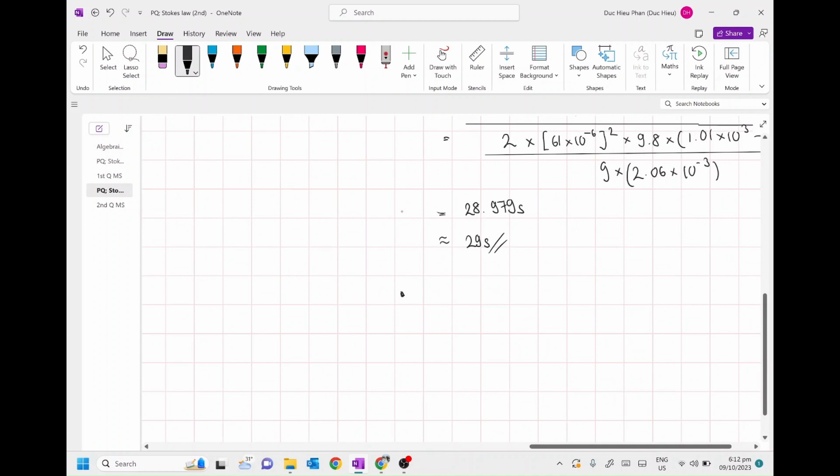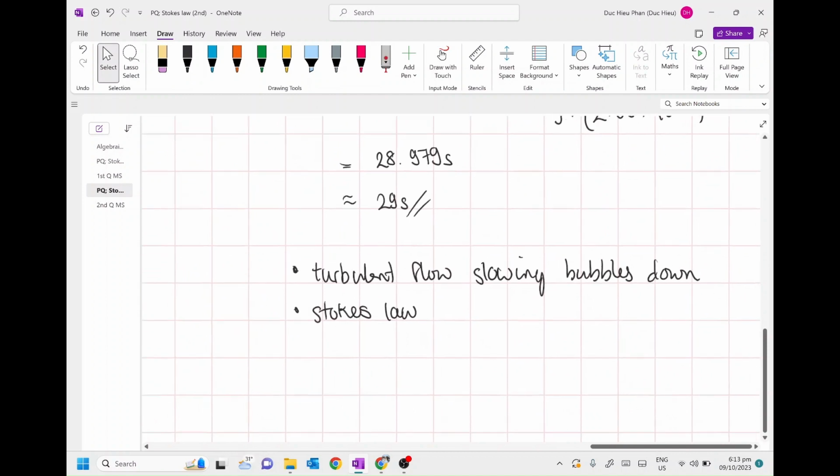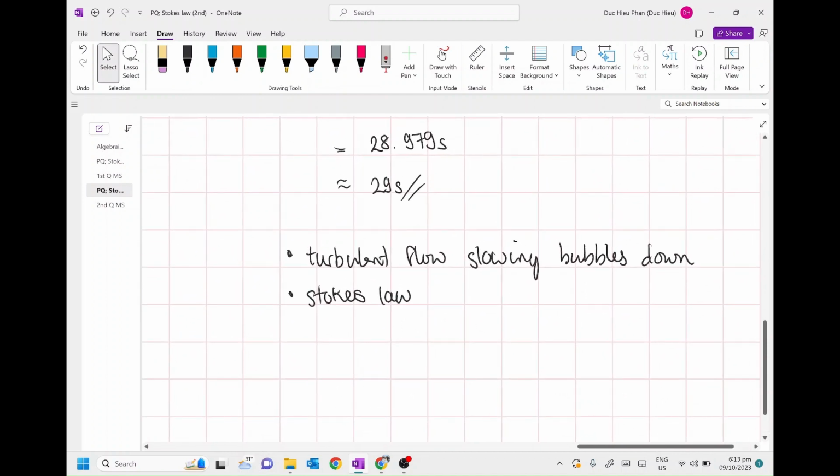There can be turbulent flow, right? Turbulent flow slowing the bubbles down. So here, Stokes' law, while it does find the minimum time that it takes for the bubble to reach the top, might not be accurate.